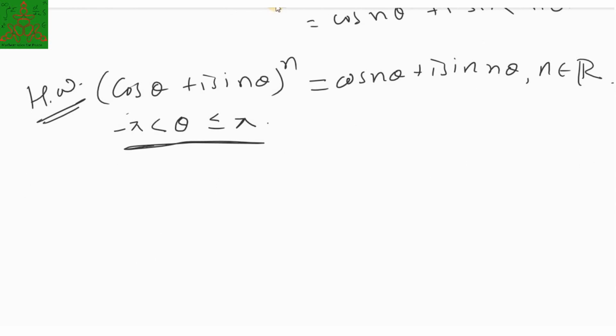Now we'll have some applications of de Moivre's theorem, in which we solve some examples. Let us consider this example.